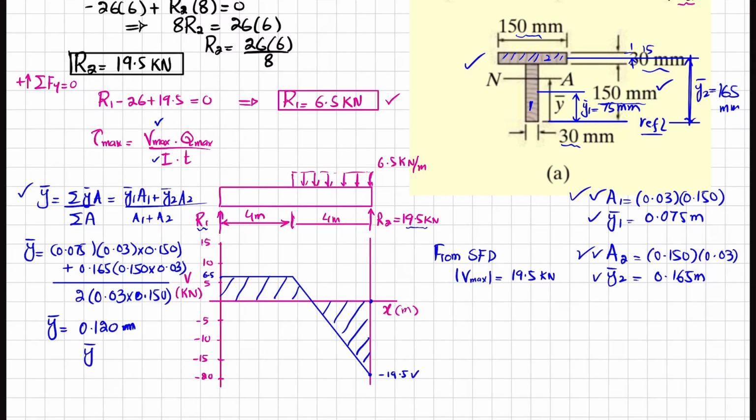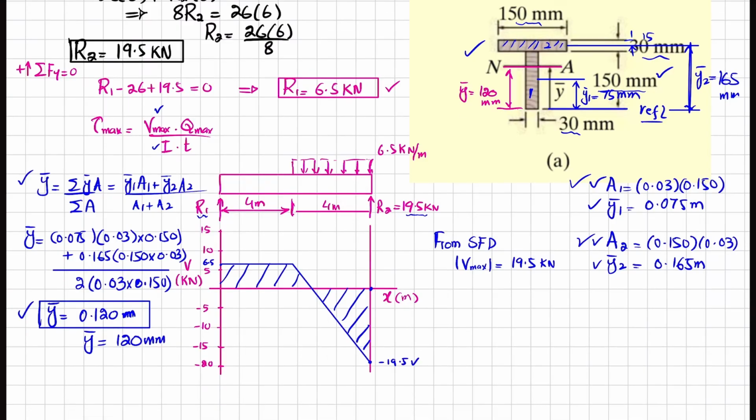Or in millimeter, it is 120 millimeter. So as I am using meter, so I will use this value. But let me show you that neutral axis from the base will lie. This will be the neutral axis, and this distance will be equal to Y dash. This Y dash is equal to 120 millimeter.